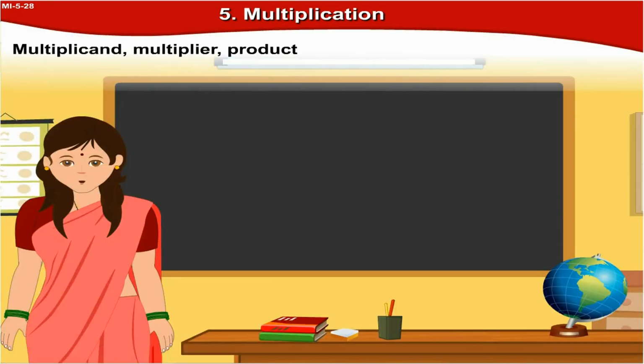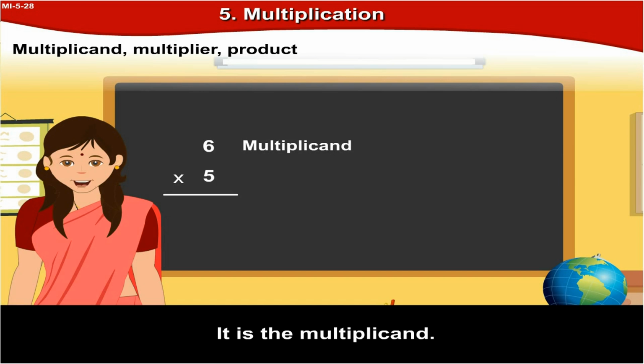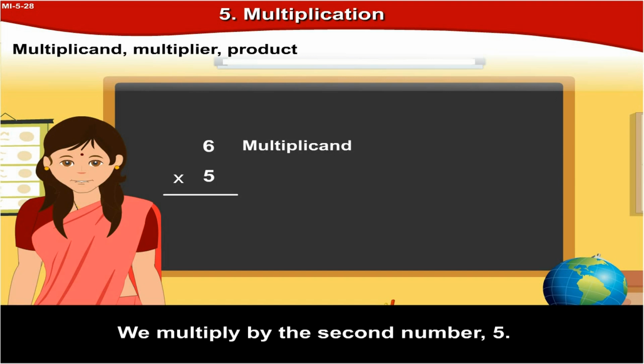Kids, now I will explain to you the concept of multiplicand, multiplier, product. In the multiplication 6 multiplied by 5, we multiply the first number 6. You know what it is called? It is called the multiplicand. We multiply by the second number 5.